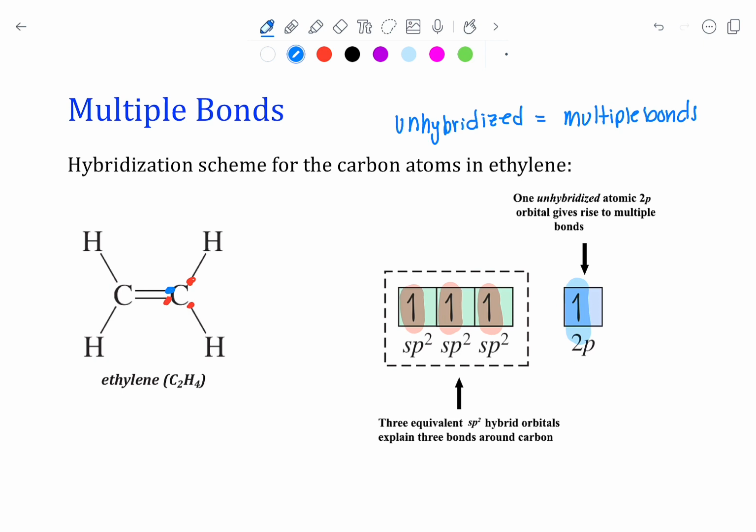If there's no double bond, then all of our orbitals are going to be hybridized, because that relates to our electron domain geometry and the proper drawing of our Lewis structures. They all start to affect each other. So when I get down to my double bonds, if I have any unhybridized electrons, that's going to form my multiple bonds. Because I have one unhybridized electron, that's going to give rise to a double bond.